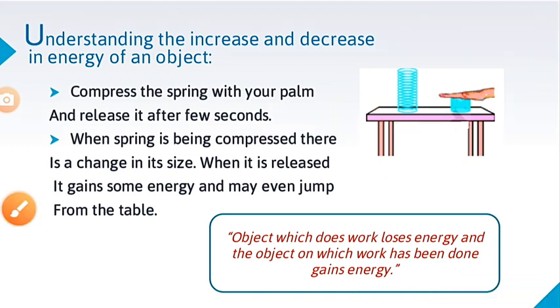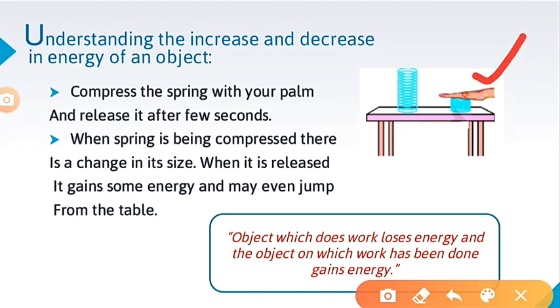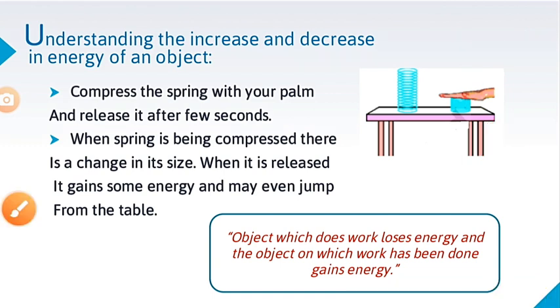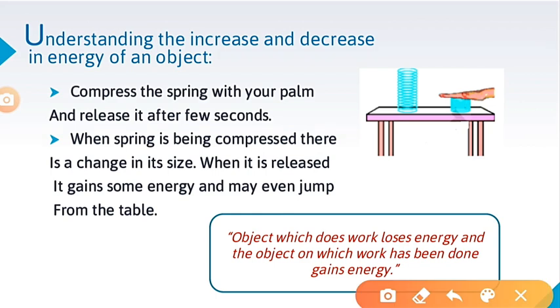The moment I release my palm, the spring jumps from its position. The spring jumping means what? When I am compressing the spring, the energy which was present in my palm has been transferred into the spring. Now the spring has gained the energy.